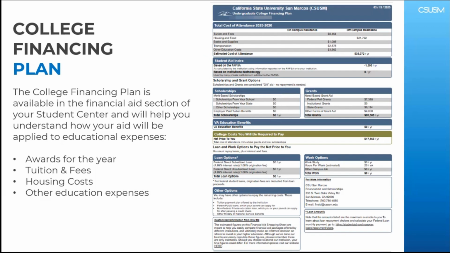It's looking at your awards for the year, tuition, fees, housing, if you're planning on living on campus, or if you're planning on estimating rent or mortgage even. And then other educational expenses like books, supplies, personal expenses, transportation, all things that you need to consider because college is more than just tuition and fees. It is also about supporting yourself through the academic year.